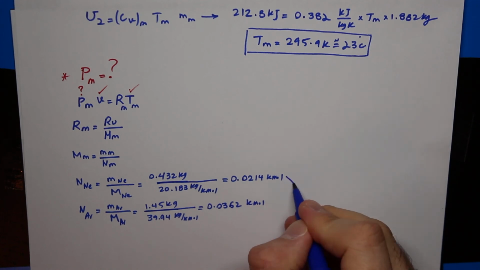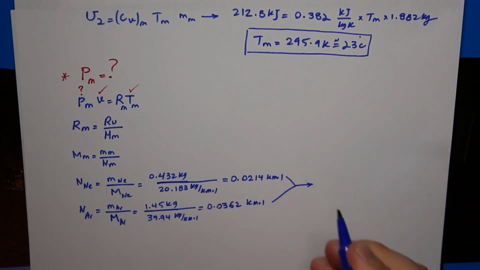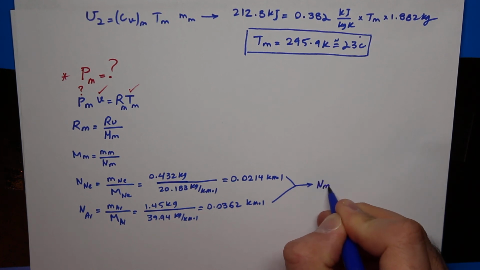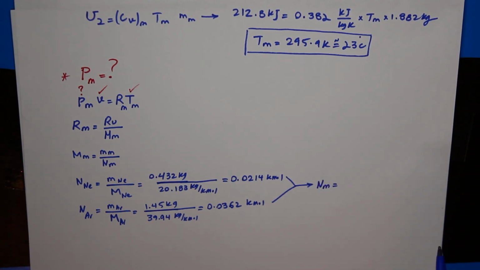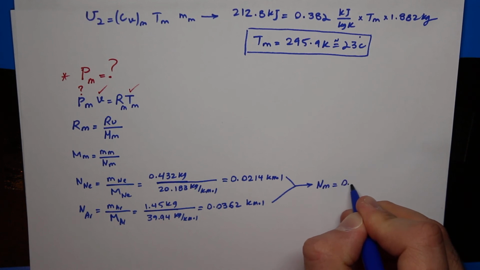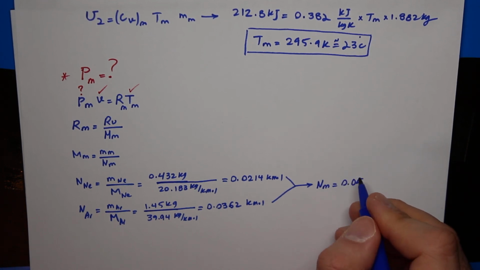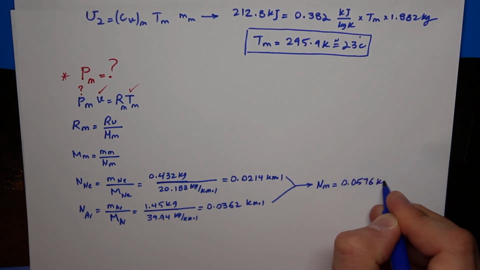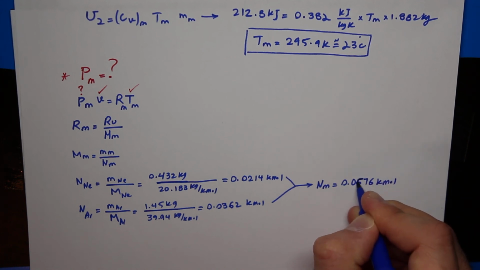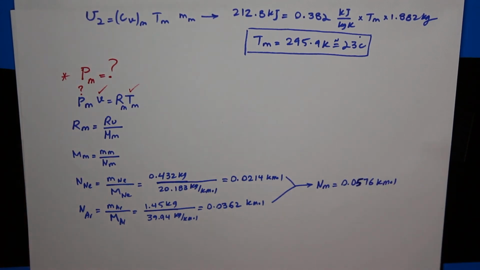Now by adding these two numbers together, I can find Nm, the number of moles in the mixture. So the number of moles becomes 0.0576 kilomole. This is the total number of moles I have in the mixture.